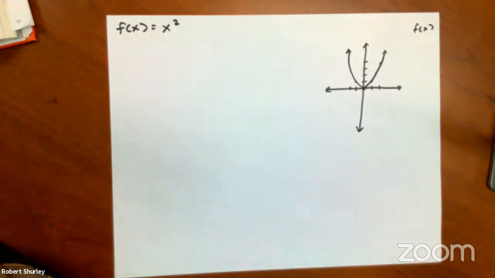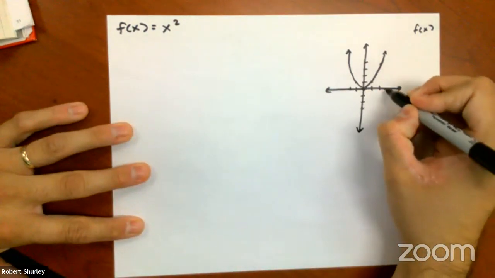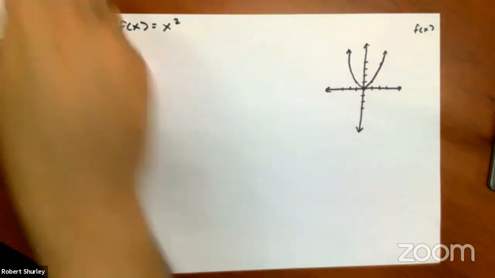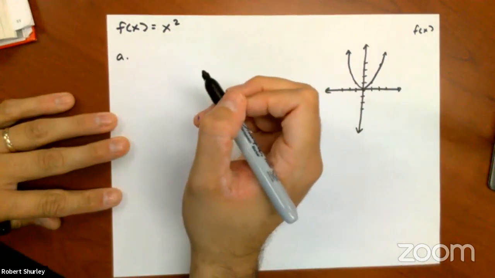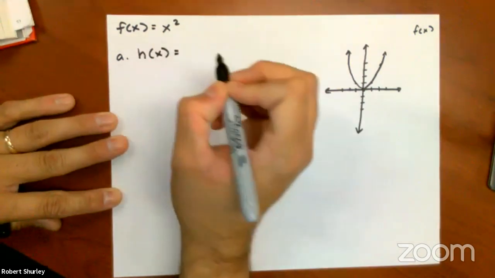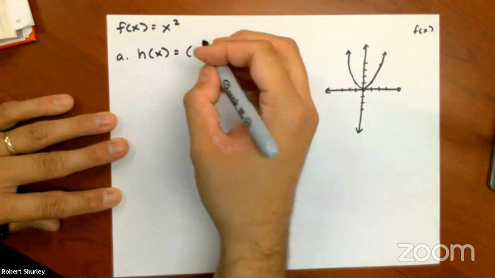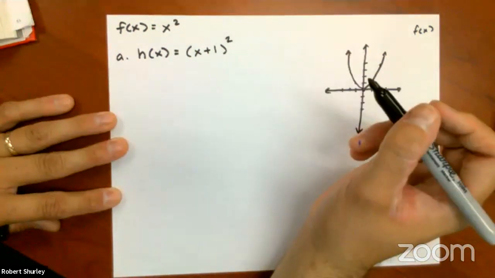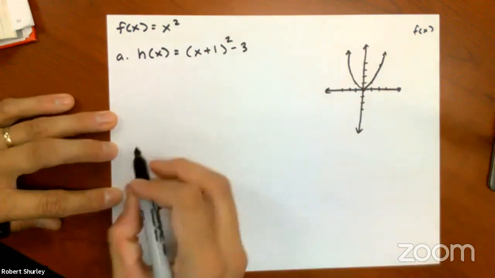Okay, I'm going to give you a few examples with these, and I want you to try them with the shifting. I'm going to give you a few minutes. Let's do part A. I want you to find h of x, which is x plus 1 squared minus 3.